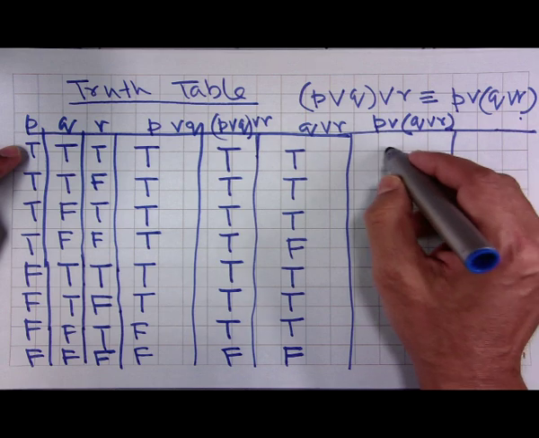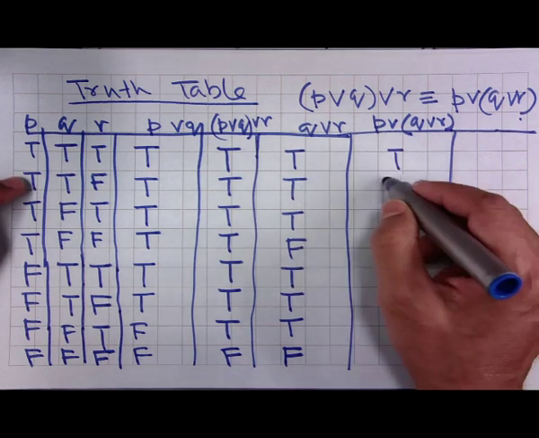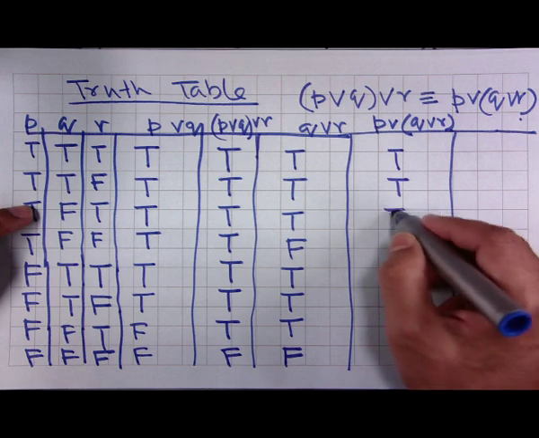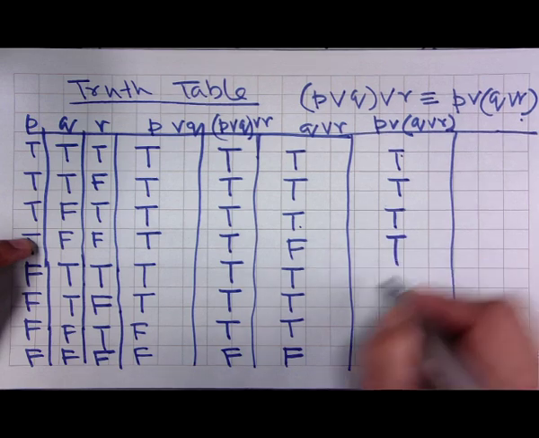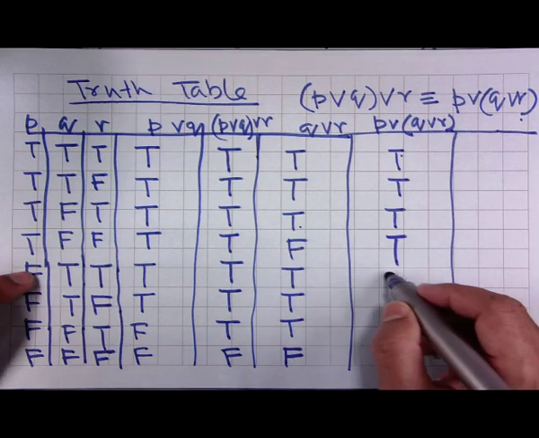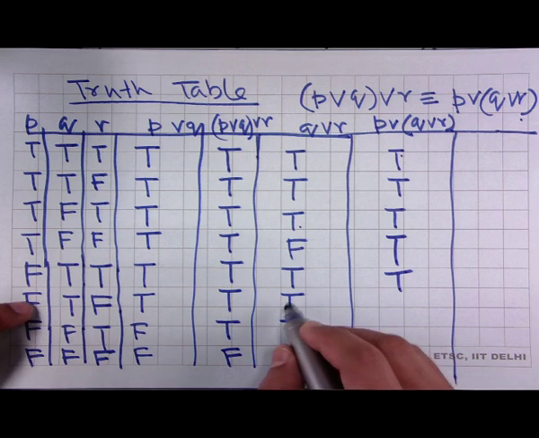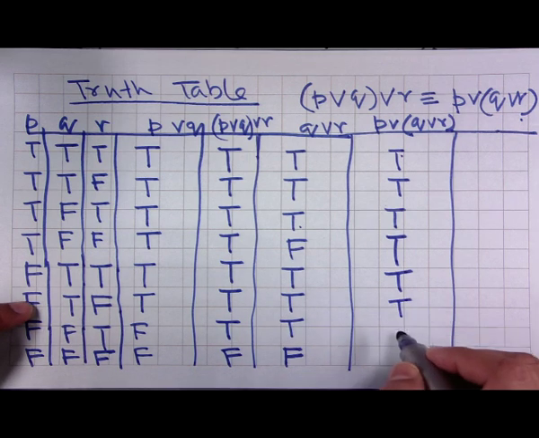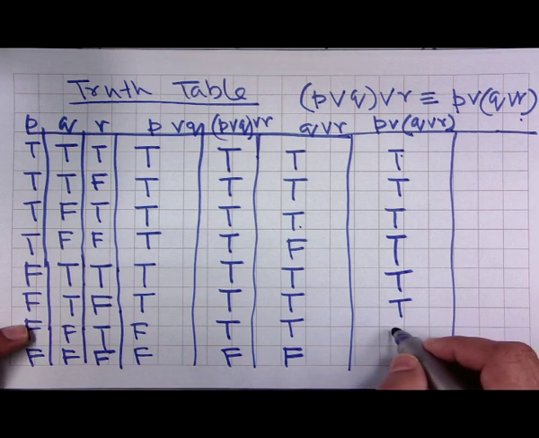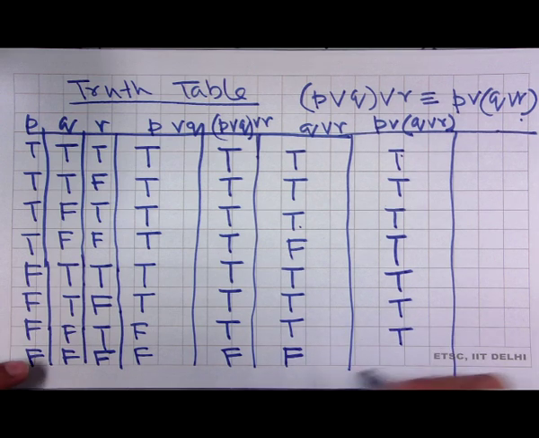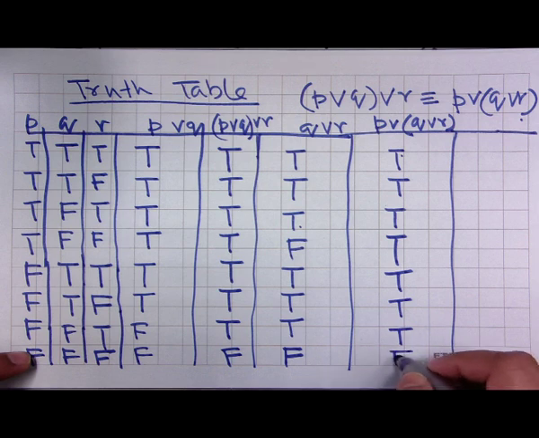T or T is T, T or T is T, T or T is T, T or F again T, F or T is T, F or T is T, F or F, F or T is T and F or F is F.